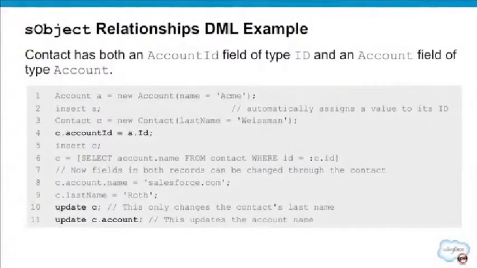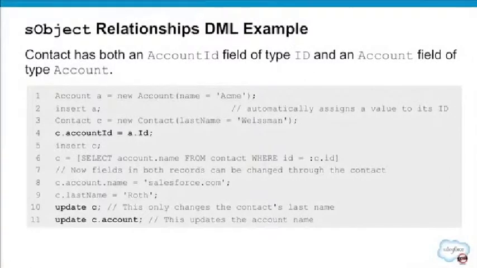So let me walk you through some code and talk about some of the behavior that exists when we're working with DML. Here we have an account, and on line 1, we simply create a record in memory. In line 2, we insert that record into the database, so it now exists in the database.